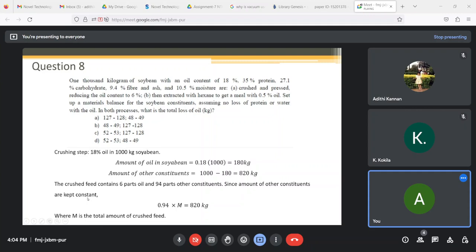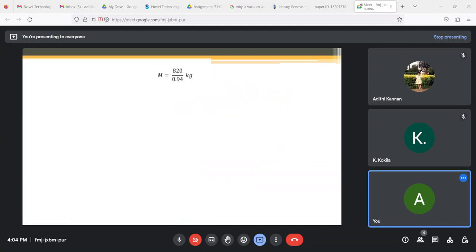This is the balance for other solids. So 0.94 into m is equal to 820 kgs, where m is the total amount of crushed feed. From there you can calculate m as 820 by 0.94 kgs. In this m, 94% is solid and 6% is oil, as mentioned before. So the amount of oil obtained is 0.06 of m, which is 0.06 into 820 divided by 0.94.